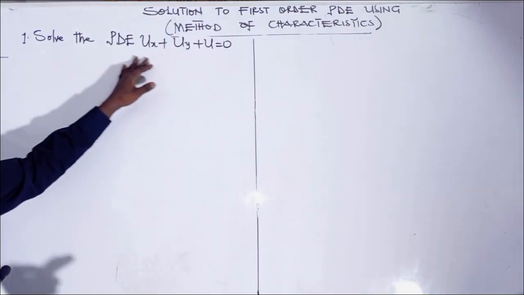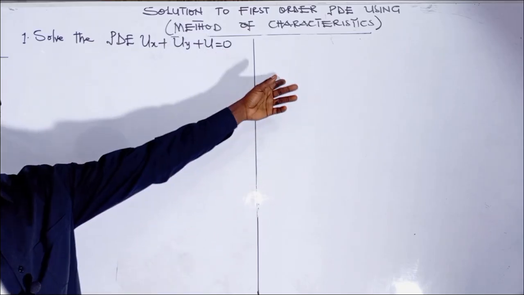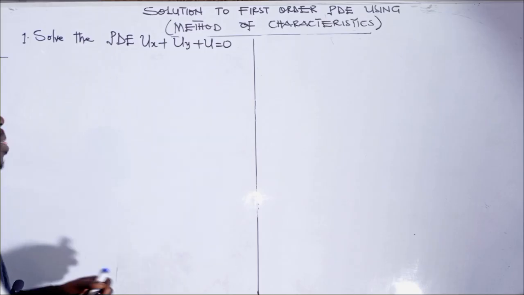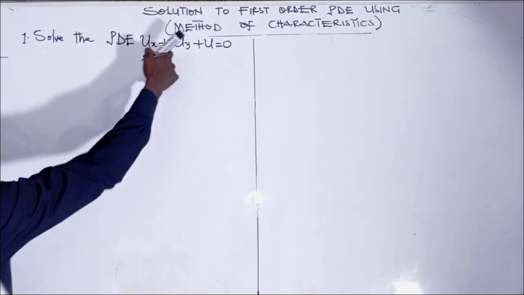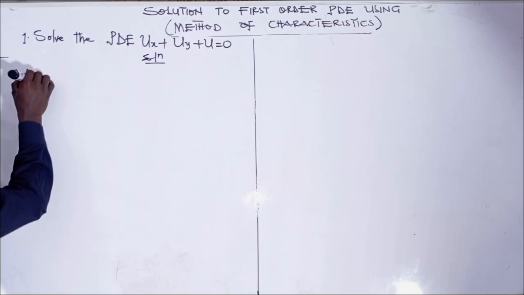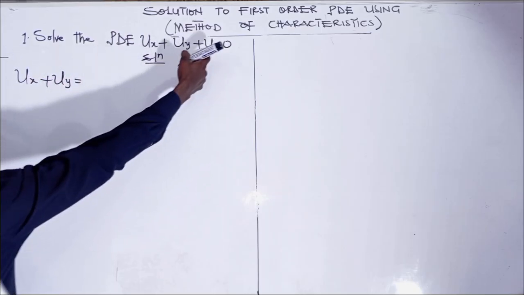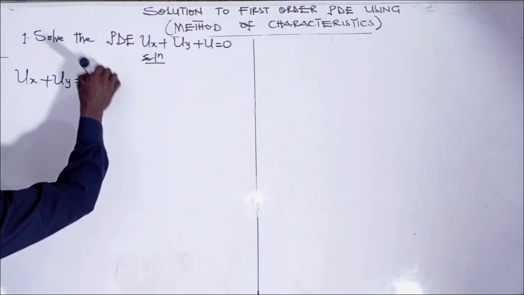So we want to solve this partial differential equation using the method of characteristics. For the steps that I wrote down here, the first step says that we should write this in a standard form. So we are going to have ux plus uy is equal to, this will move to the right hand side to become minus u.